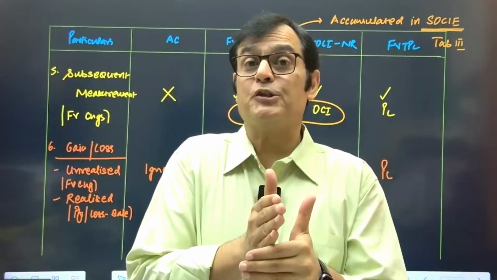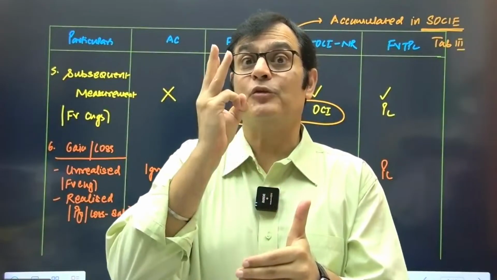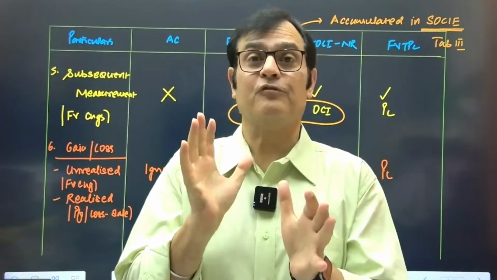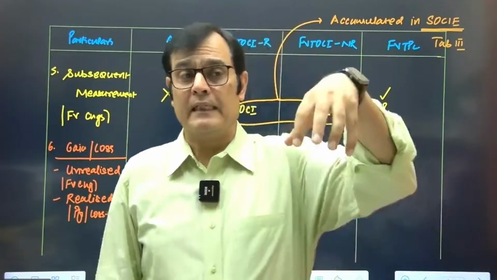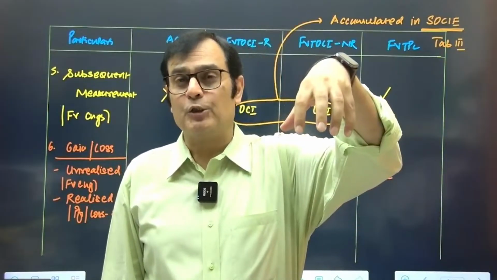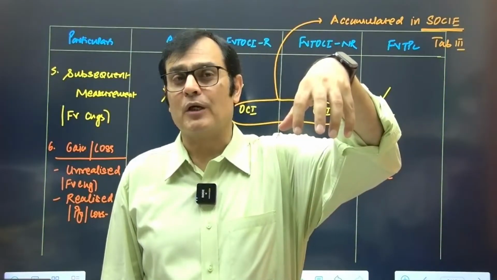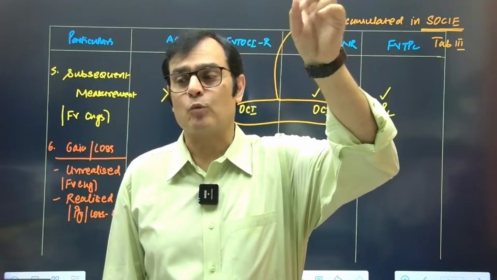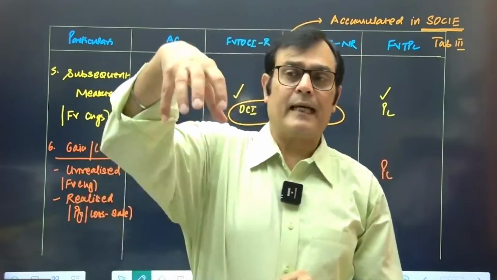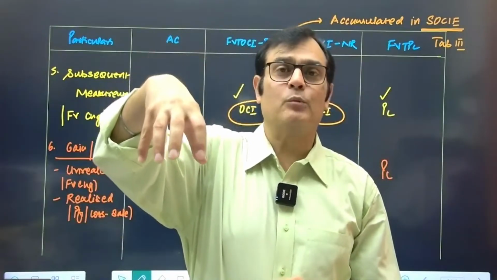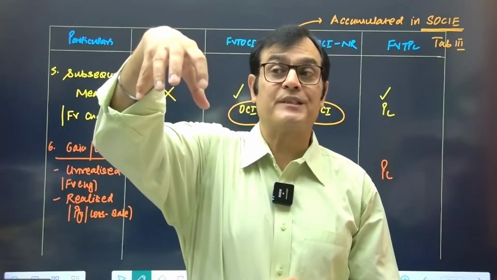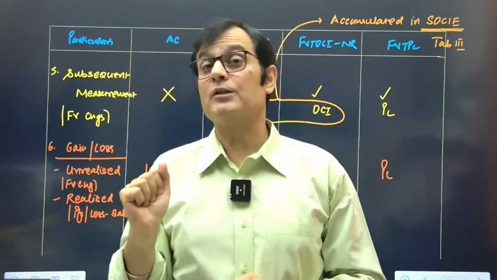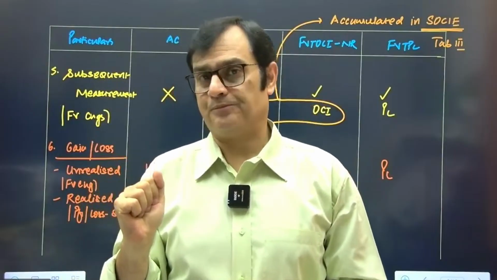If you've got a financial asset, I'm looking at three things. Please hear me very carefully. At each year end, do you capture the fair value change or not? That's an unrealized gain loss. One. Then if you sell the investment, you get a gain loss which is realized in nature.